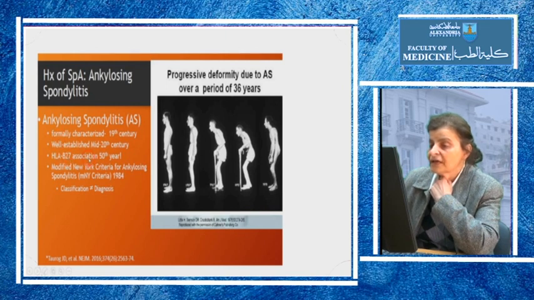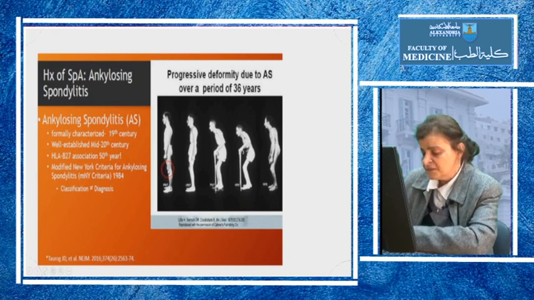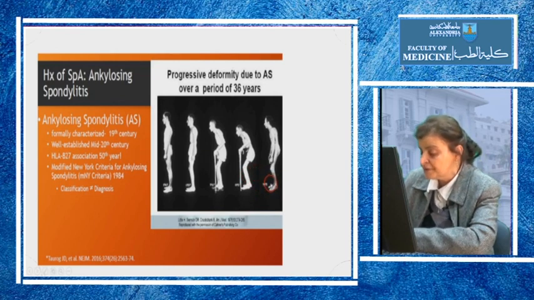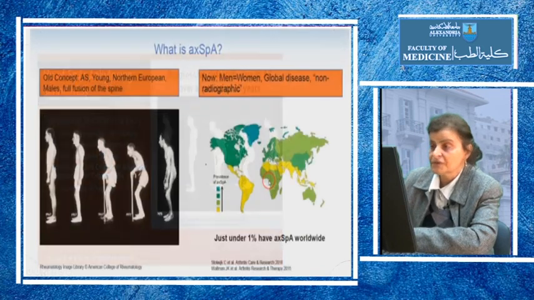The HLA-B27 association was discovered just about 50 years ago, and the disease has long been known as ankylosing spondylitis. And we know that if we do not treat the disease, it progresses. As you see in this same individual, over the years there was progressive deformity and full-blown ankylosing spondylitis over a period of about 36 years.